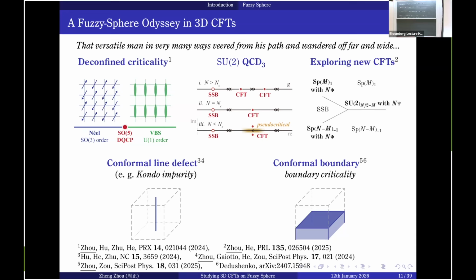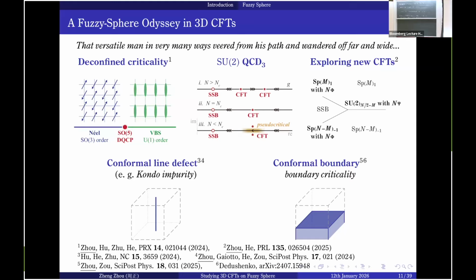Pseudo-critical essentially means, maybe it's clearer in the context of SU(2) QCD, that when the number of flavors is large, you have two fixed points that describe the QCD and the QCD Gross-Neveu-Yukawa.